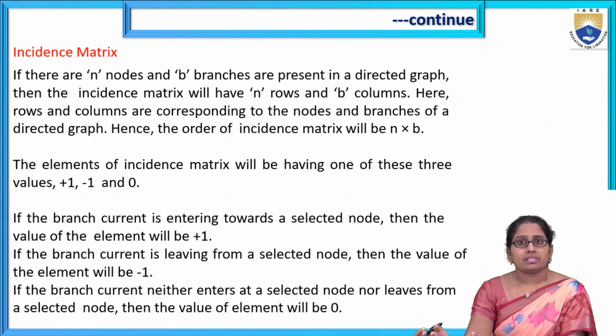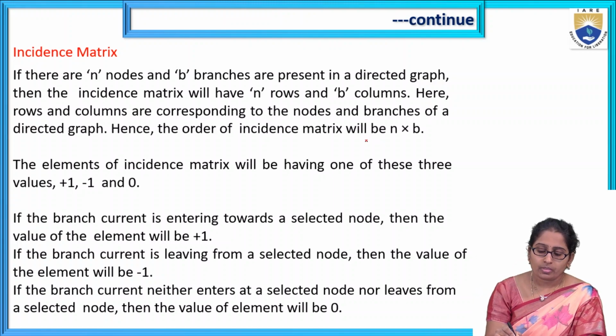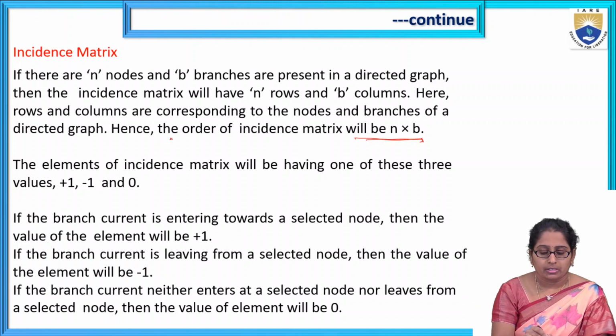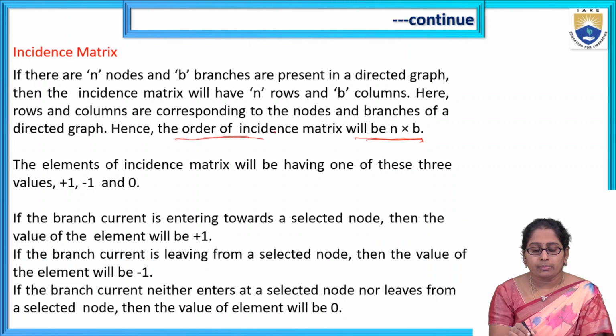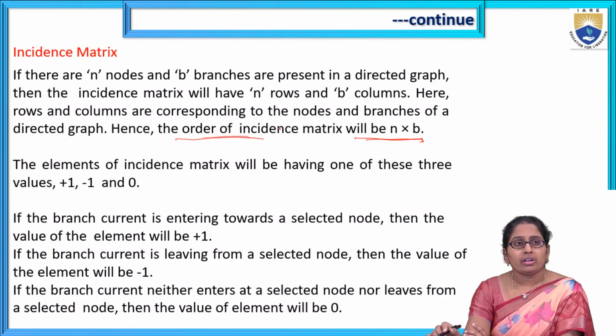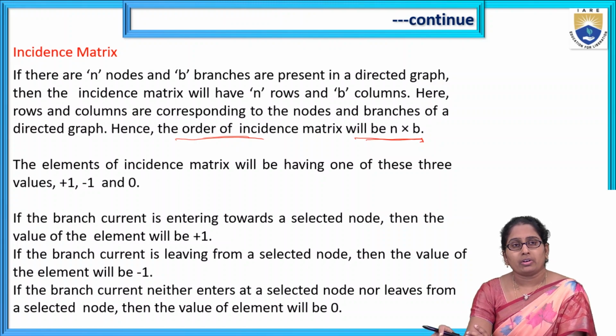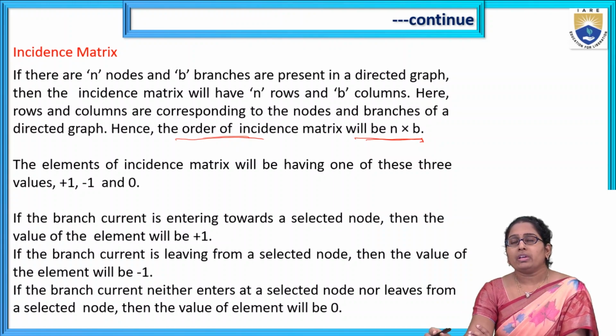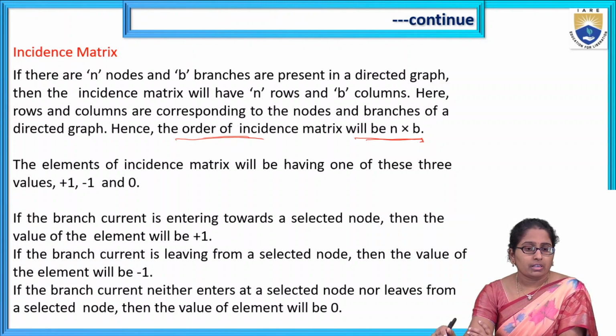Hence, the order of the incidence matrix will be n by b, where n is with respect to the rows and b is with respect to the columns. So rows is nothing but the number of nodes, and b is the number of branches present in the given graph.